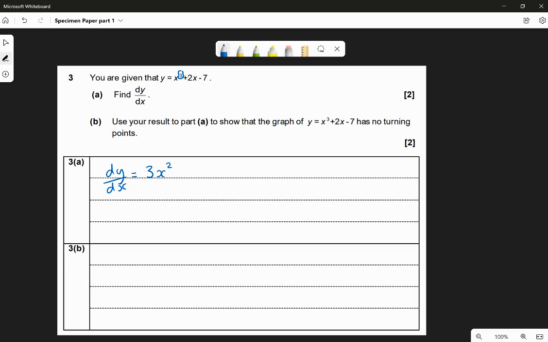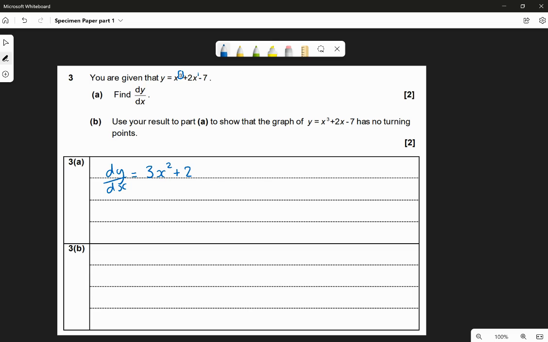So x cubed differentiates to 3x squared. 2x in effect is 2x to the power of 1. So the old power is 1. It multiplies in front, so 1 lot of 2x becomes 2. x to the power of 1 drops to x to the power of 0, and x to the power of 0 is just the number 1. So 2x to the power of 1 just differentiates to 2, the number 2.